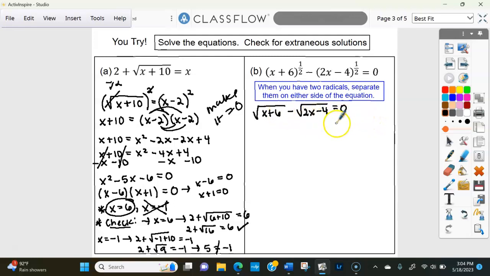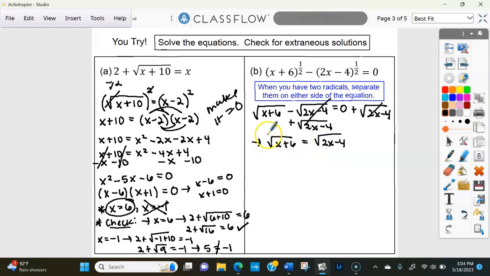It does not matter which one you choose to move. I just prefer positive, so I'm going to move this over. So this is my equation. Square root of x plus 6 equals square root of 2x minus 4.